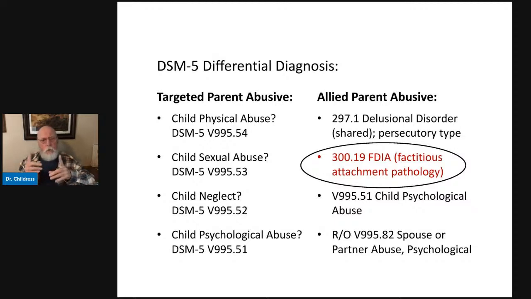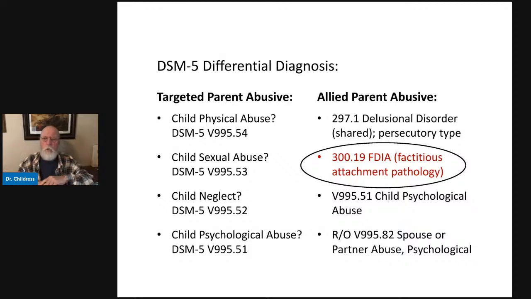The alternative diagnosis, though, is if the targeted parent is not abusing the child, so it's not an authentic attachment pathology, then it is a false or factitious attachment pathology imposed on the child for secondary gain to the parent. There's also a delusional disorder involved in producing the false pathology.